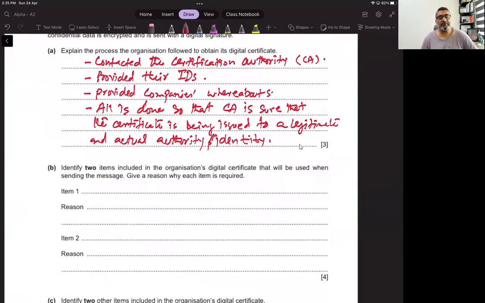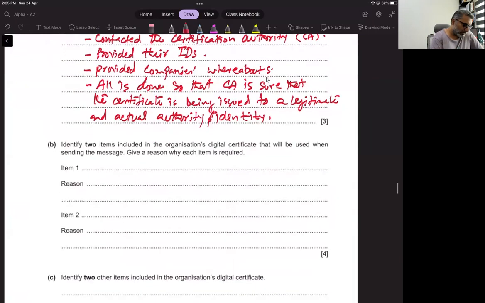Identify two items included in the organization's digital certificate that will be used when sending the message. Give a reason why each item is required. We have just two, so why don't we start with the public key?